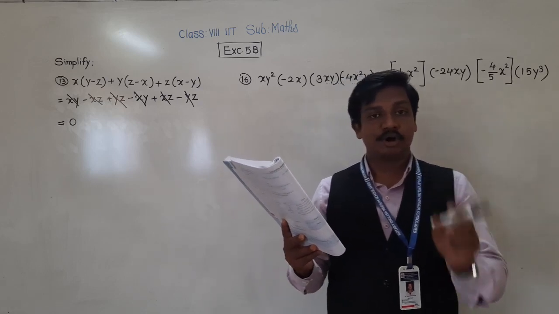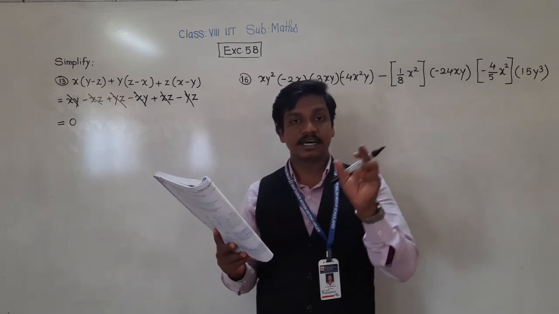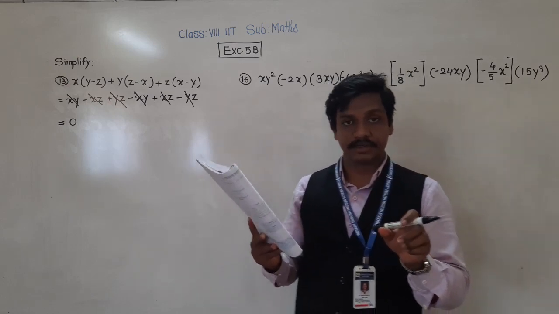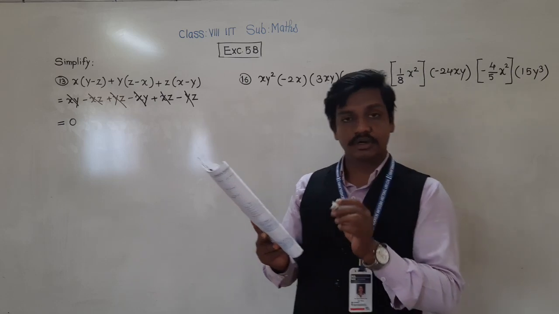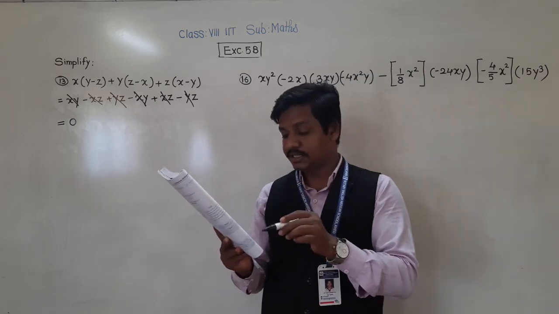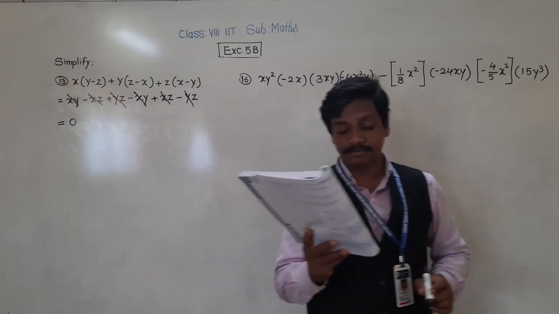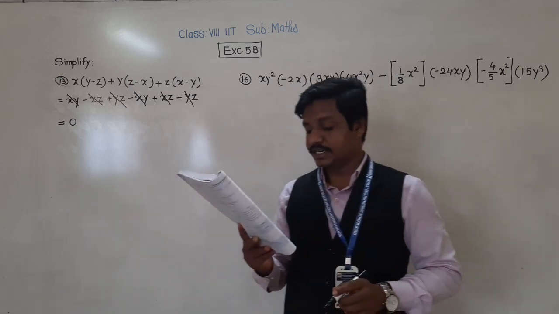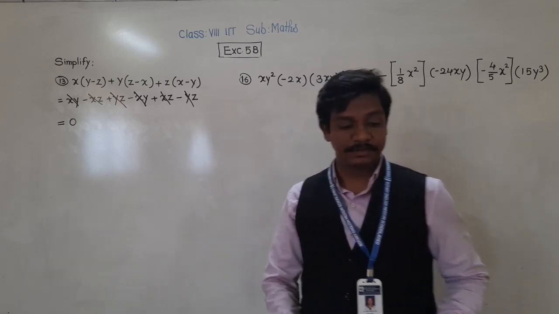Since it is a polynomial with 2 variables, degree means the sum of the powers of the variables. Since it is only one term, you have to find the sum of all the powers of all the variables. That is 4 plus 3, 7, 7 plus 7, 14, and 2, 16. 16 is the degree of this polynomial.